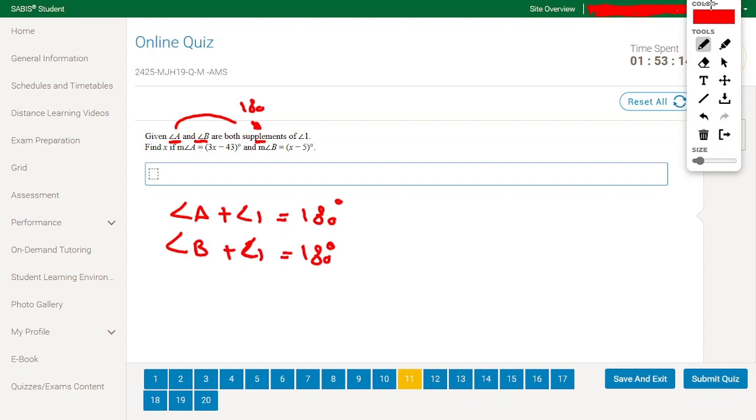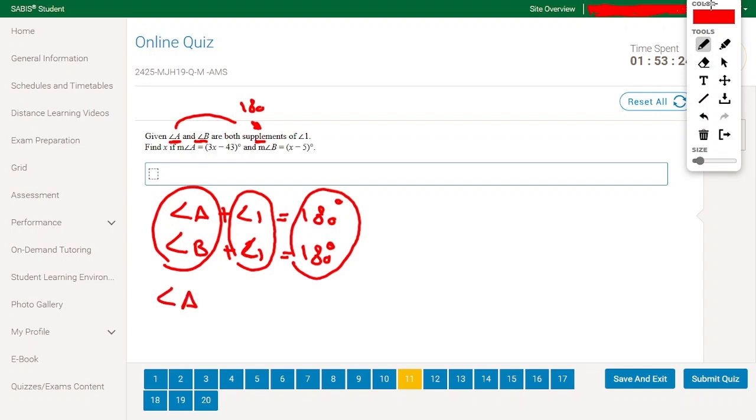Now here I have 180 and 180, and angle 1 is common, so that means angle A and angle B will be equal. So now let's substitute the angles with these expressions. We have 3x minus 43 equal to x minus 5.